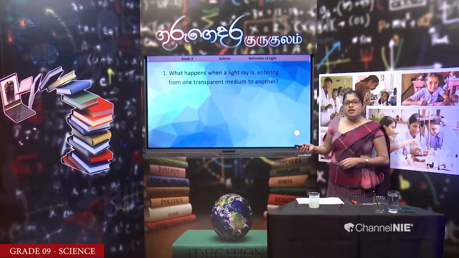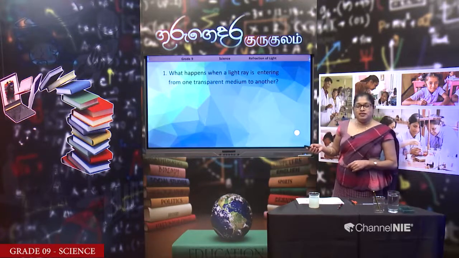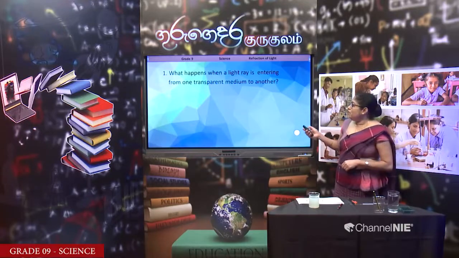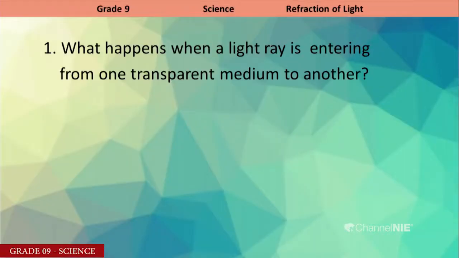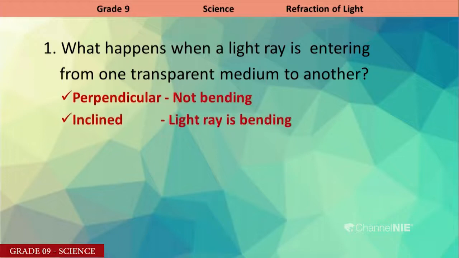So, based on that activity we have just done, we will answer the questions. What happens when a light ray is entering from one transparent medium to another? If it is falling perpendicular to the surface, it is not bending, and if it is falling at an angle or inclined, light ray is bending.